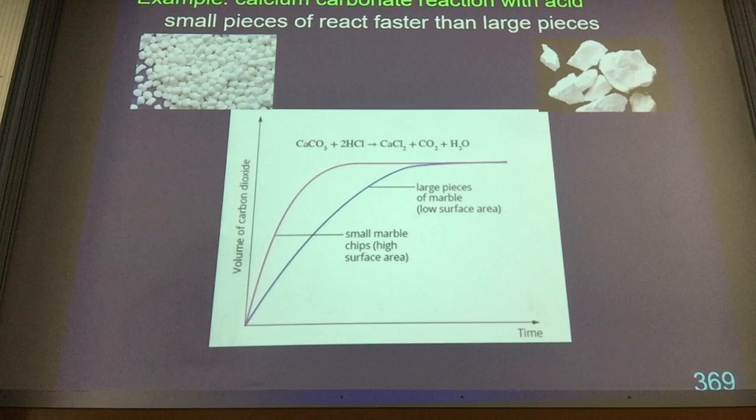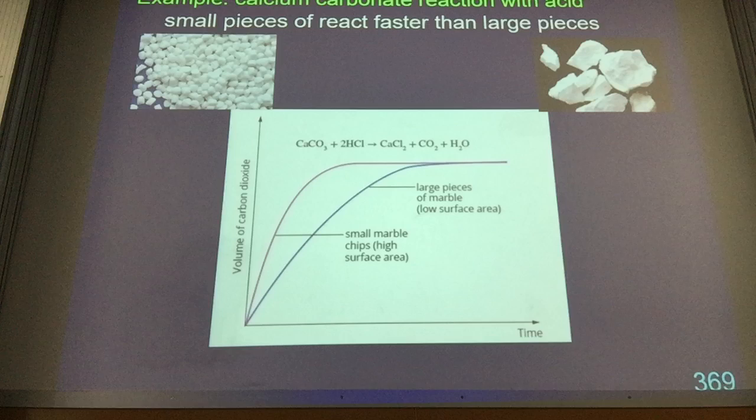The other thing one of these graphs tells us is the final level. What this is telling us is that at the end of the reaction, i.e. when no more carbon dioxide is being produced, we've got exactly the same volume of carbon dioxide. That means all the calcium carbonate is reacting in both cases. We've got the same amount of product.